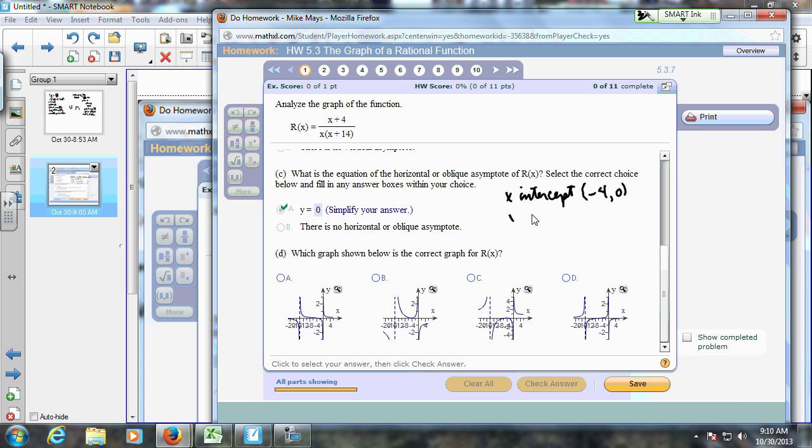I want vertical asymptotes at x equals 0 and x equals -14, and I want a horizontal asymptote at 0. So let's see if any of these have the effect of doing that.